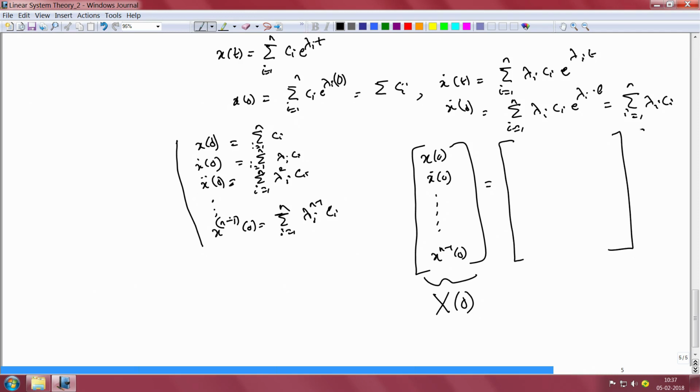On the right hand side I have the vector of unknowns C1, C2 all the way to Cn, and these are related by some coefficients which are functions of the roots of the characteristic equation.